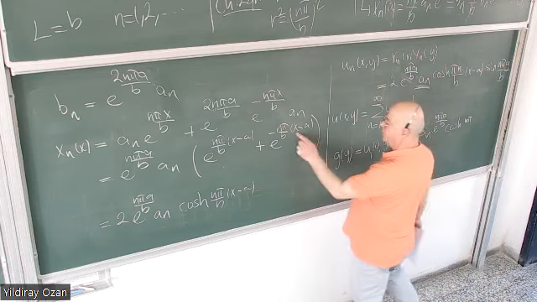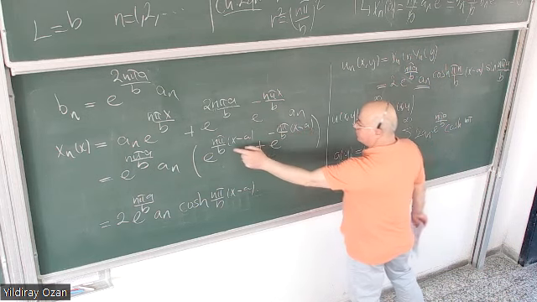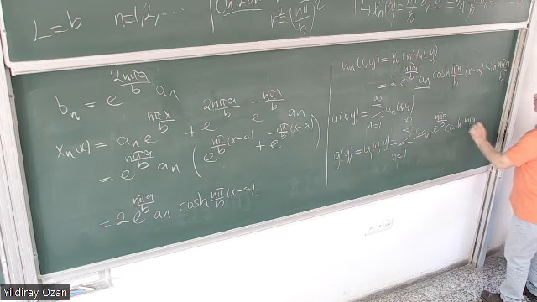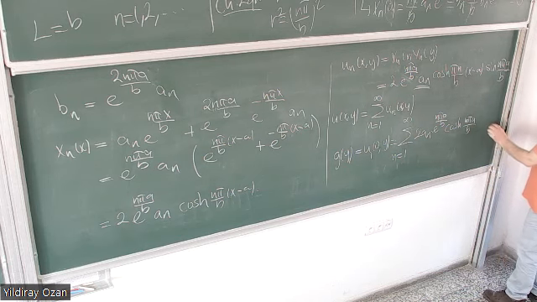So this is just a over b and then sine n pi y over b.